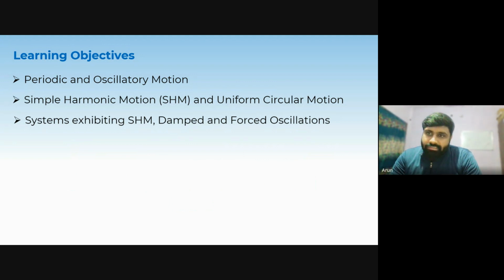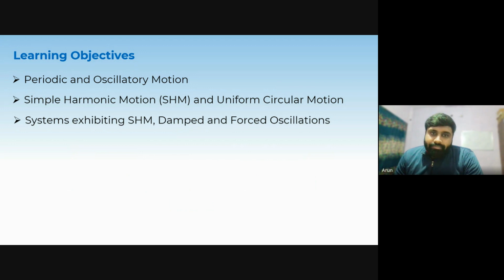We will discuss the kinematics of it, and then we will plot graphs relating various physical quantities with each other. Then we will also relate it with uniform circular motion. After that, systems exhibiting SHM, like the simple pendulum and physical pendulums.